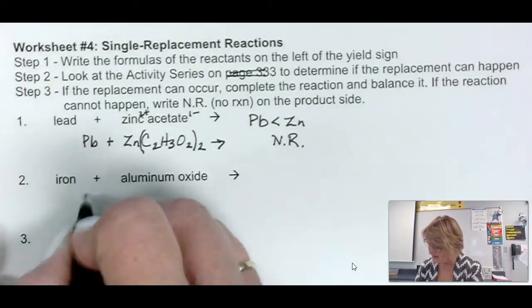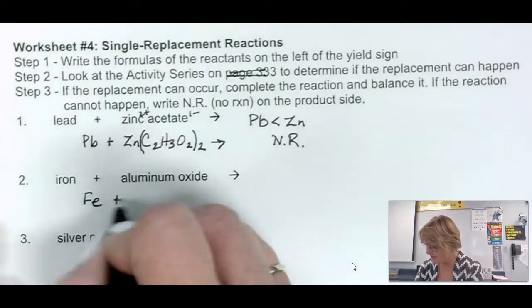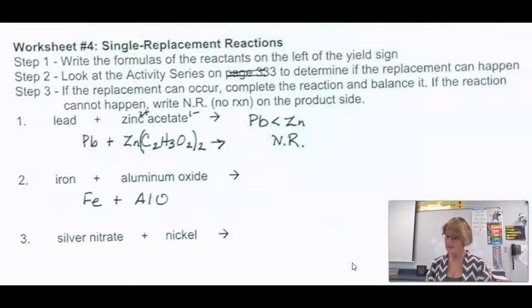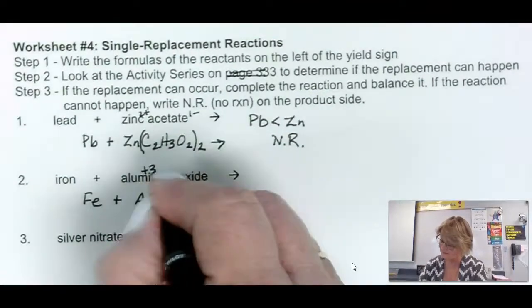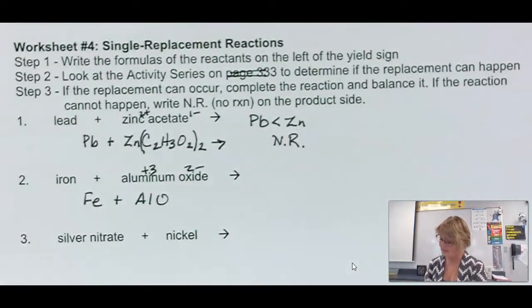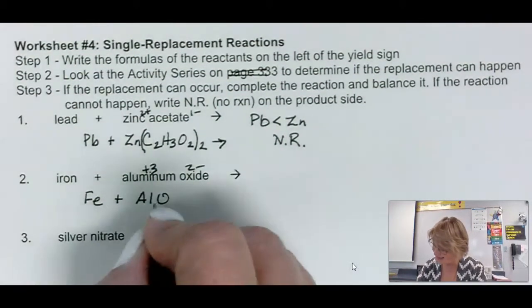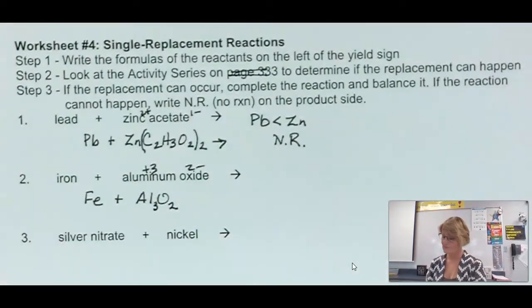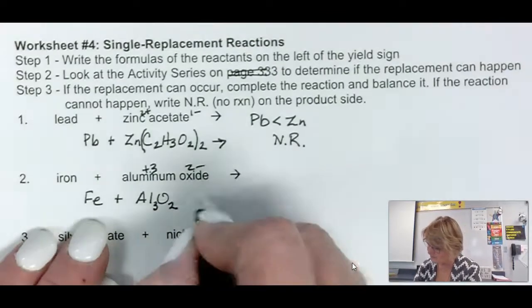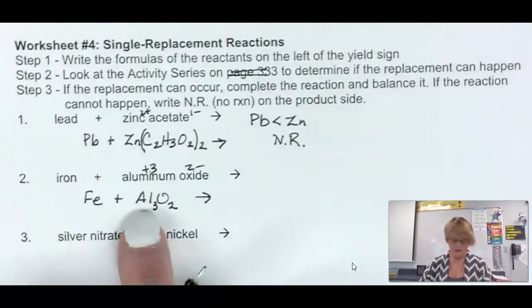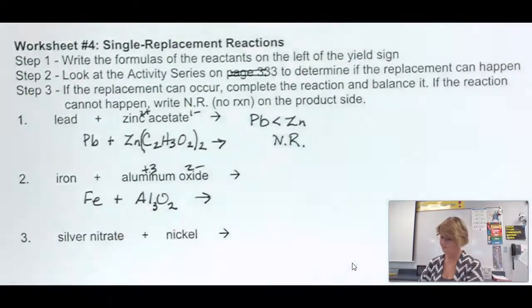The next one, we have iron and aluminum oxide. Again, aluminum is a +3 and oxygen is a 2- oxide, so this is going to be Al2O3. Again, we're going to predict the product. Is iron stronger than aluminum?